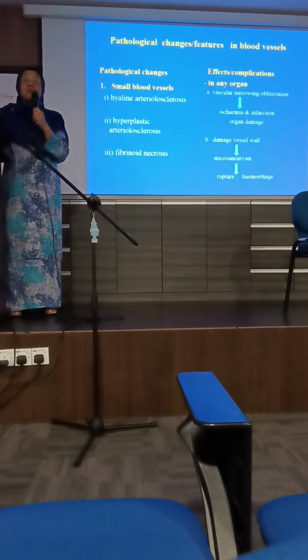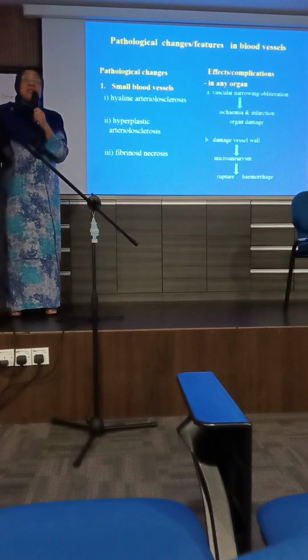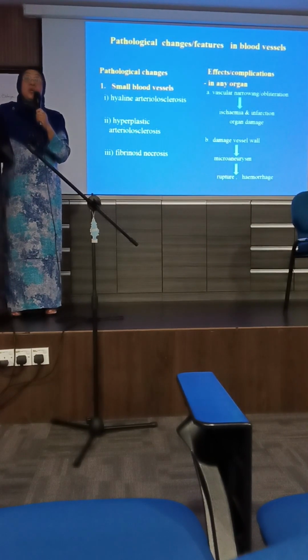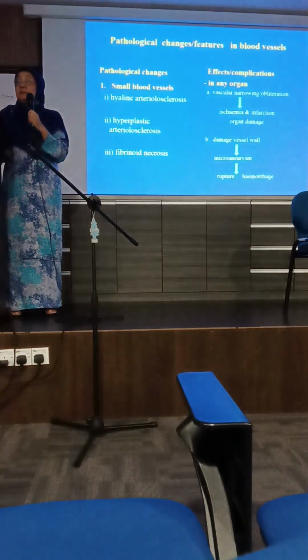Cell death as a result of reduced blood flow is called infarction. Ischemia just means reduced blood flow. Okay, infarction is when the cells undergo necrosis because there is no oxygen.